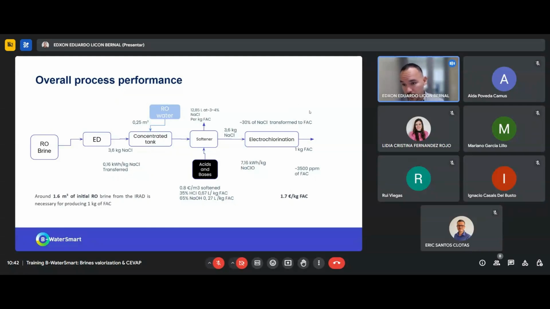And at the end of the day, we can take into consideration the production of 1 kilogram of free available chlorine through the whole system, but it needs to account that you will need a certain volume of initial RO brine, the expenses of chemicals, some water from RO to produce the clean concentrated brine, and due to the regeneration of the softener, there is going to be production of some other brine that also needs to be taken to the MSI.